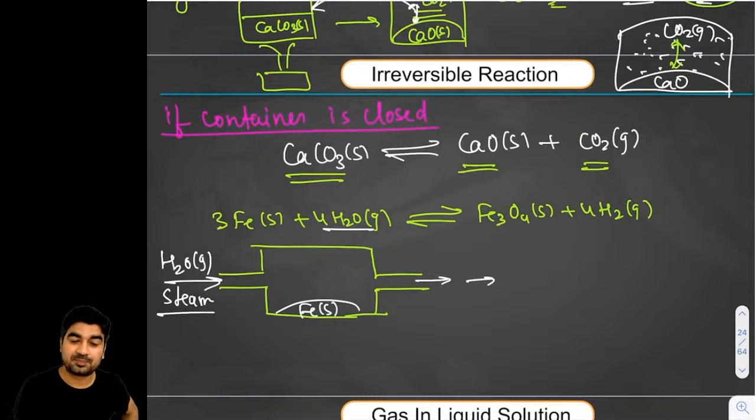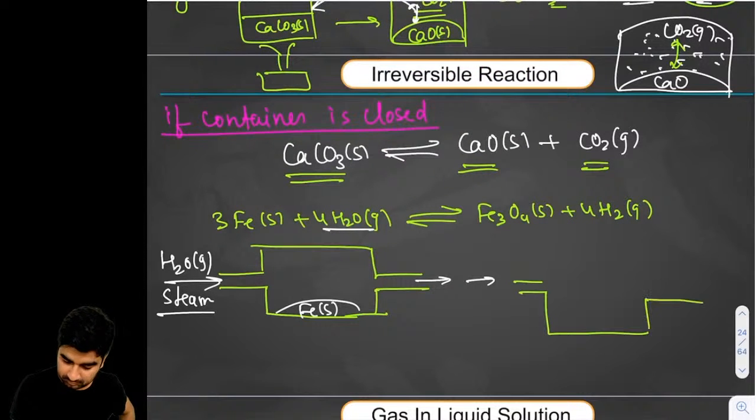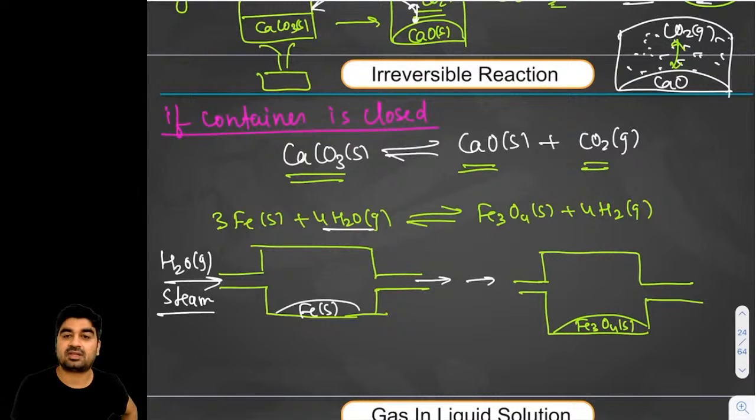If this is open, hydrogen gas will escape, and you will be finding Fe3O4, right? Once you are finding Fe3O4, guys, what is going on? Hydrogen gas will escape.